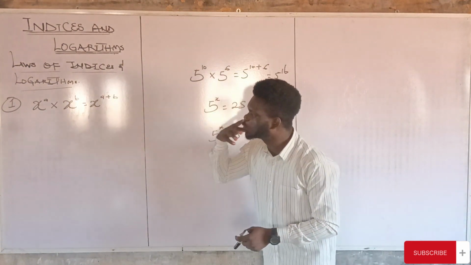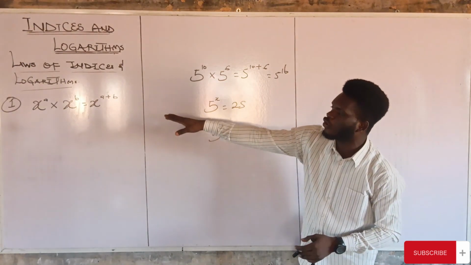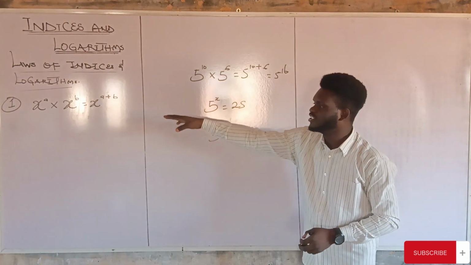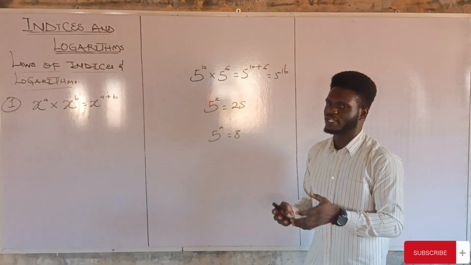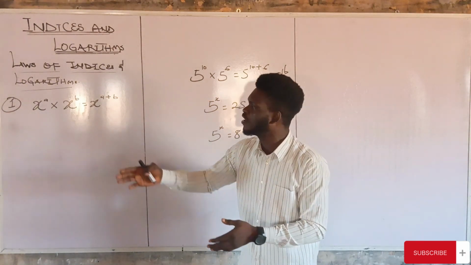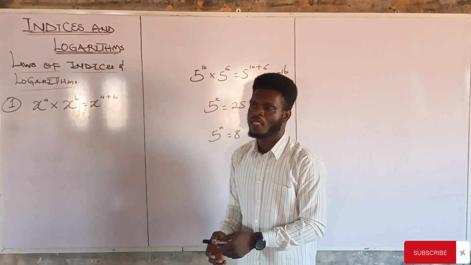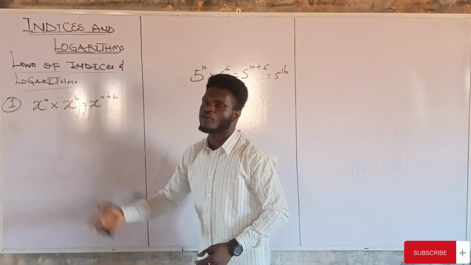Now we want to use this same method to explain logarithm, because this is called the product law for indices, but for logarithm we also have another product law, since they are similar to each other. So I'm going to be comparing both indices and logarithm together. If this law holds true, we are trying to prove the law of logarithm.